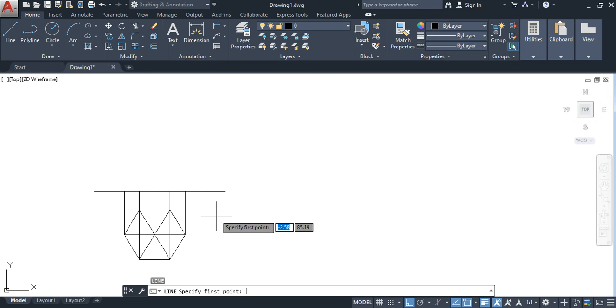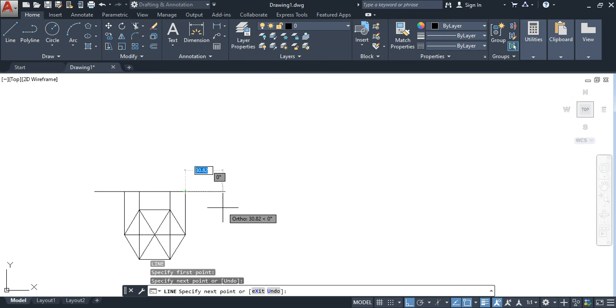After drawing, just join this point to this point to represent the base of the hexagonal pyramid, and we also require the axis here.